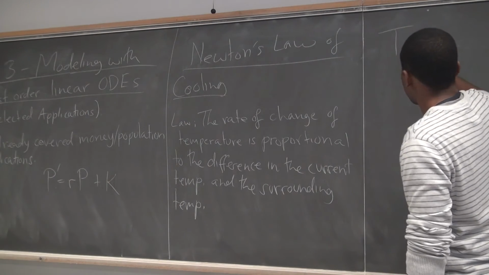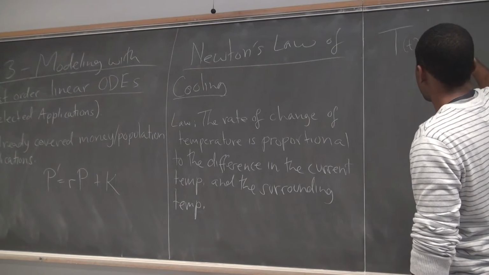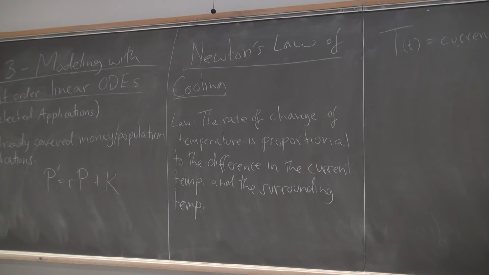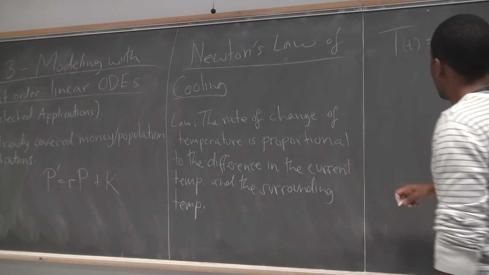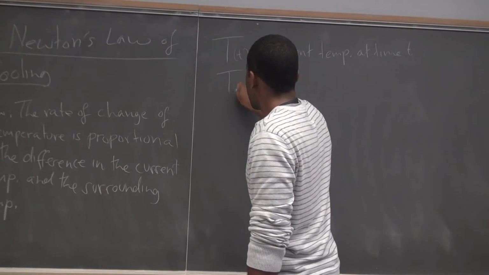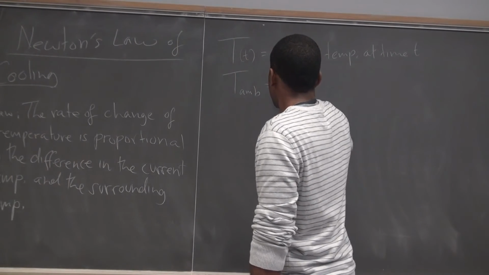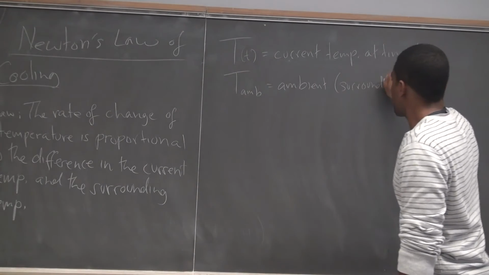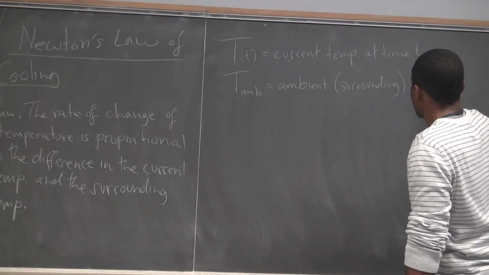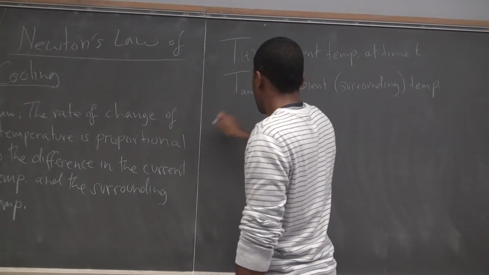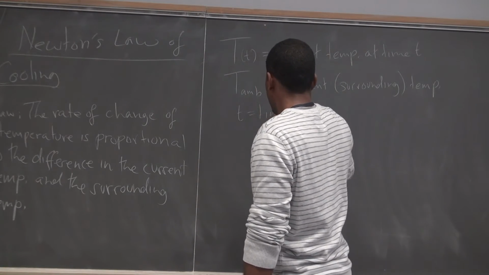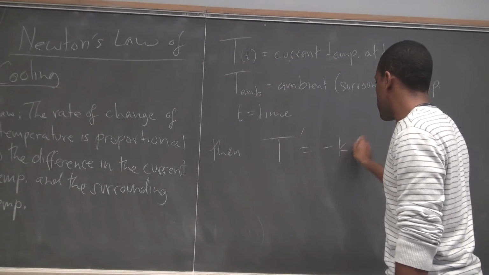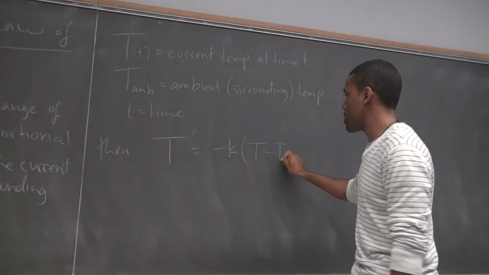If T is a function of time, the current temperature at time t, and if T_a is the ambient temperature, and t equals time, then you could actually say the rate of change of temperature is proportional to the difference between the current temperature and the surrounding temperature.